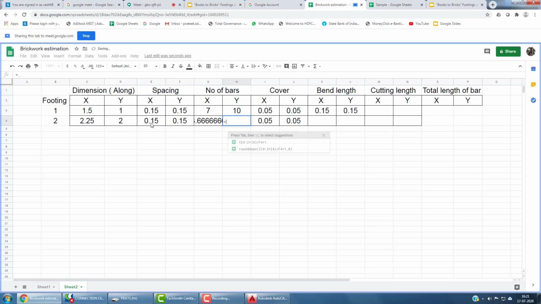In a similar way, when I come to y, bracket open, x dimension minus 2 times of cover, divided by spacing plus 1.